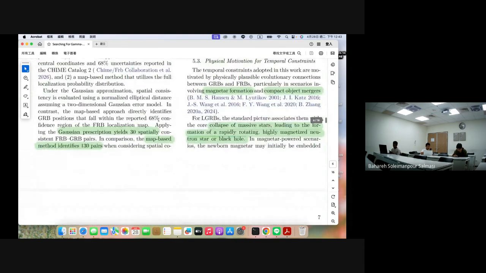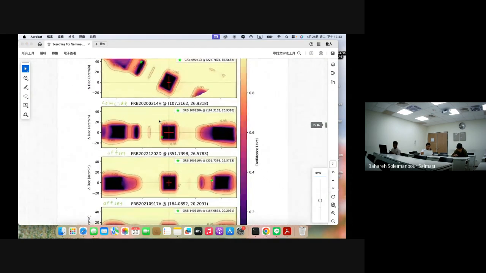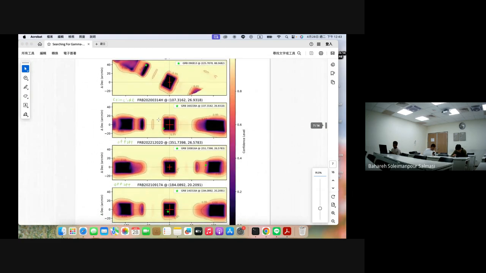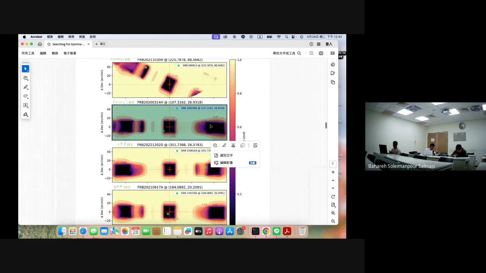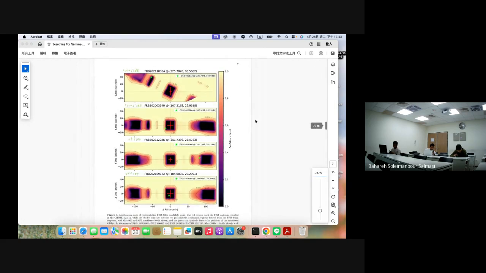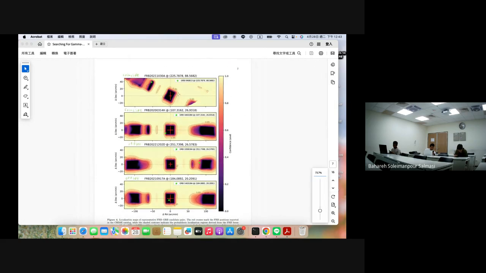They also show 4 pairs. In this paper, they mentioned that for the 2 top panels, these 2 pairs are coincidences, because we can see the gamma ray burst is within the 0.68 confidence level.